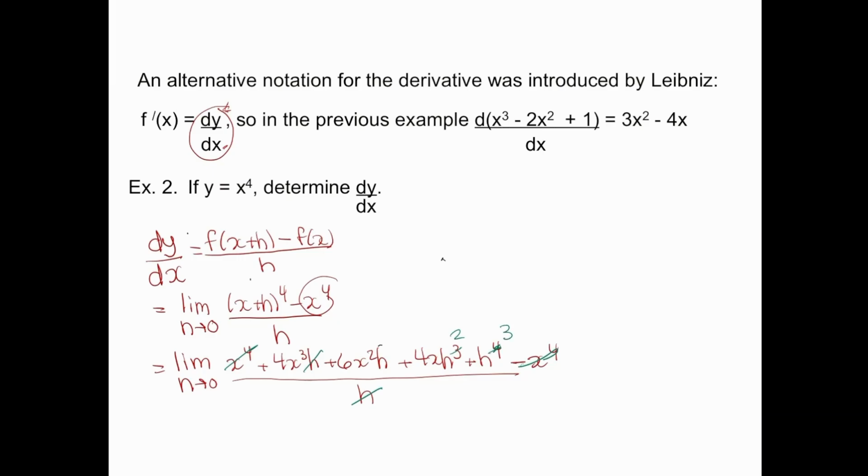The only term that's left that doesn't have an h in it, so when I substitute 0 for all of the h's, is this 4x cubed. And that, my friends, is the equation for the derivative, 4x cubed. So my dy over dx, or my equation for the slope of my derivative, is 4x cubed.